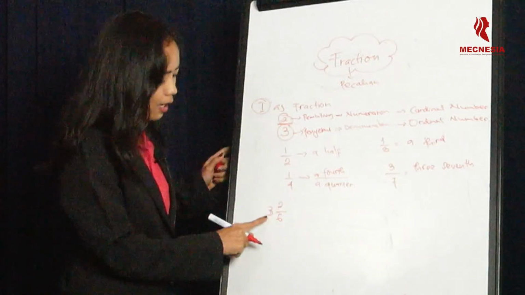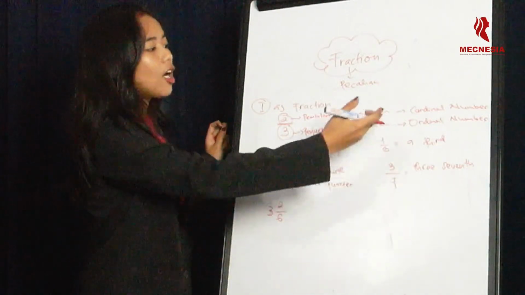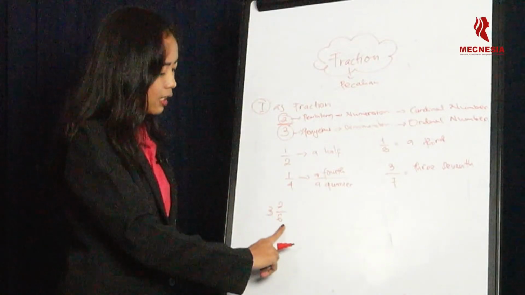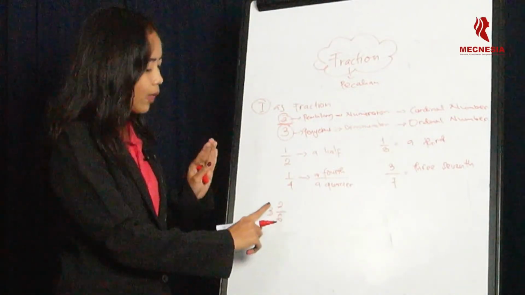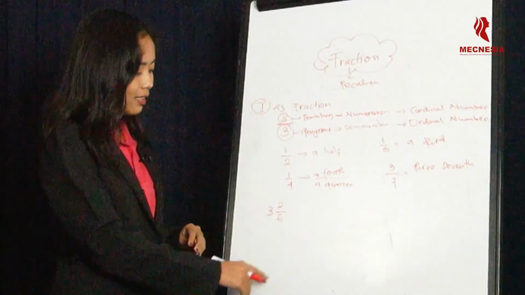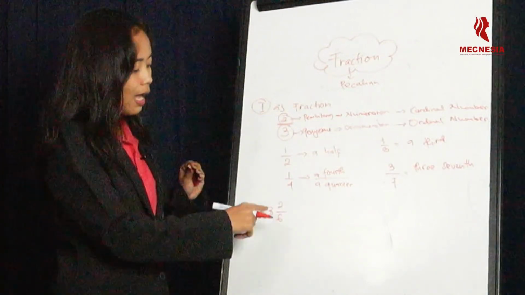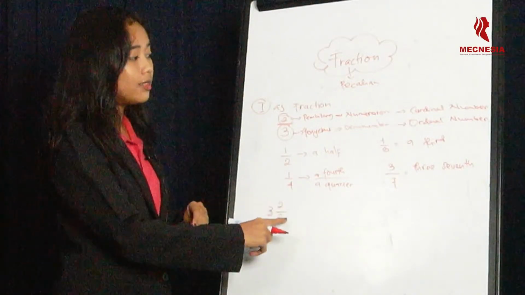Nah, yang angka di sini kita juga bacanya dengan cardinal number. But setelah baca ini, mau ke sini, we add and. For example, 3 and 2/6.